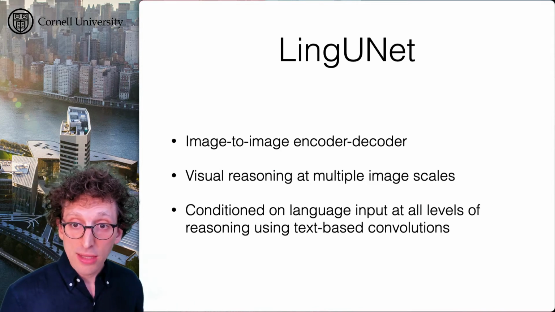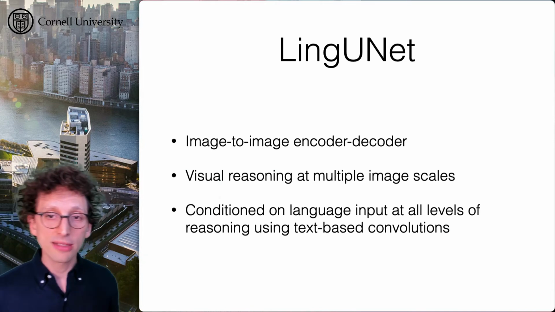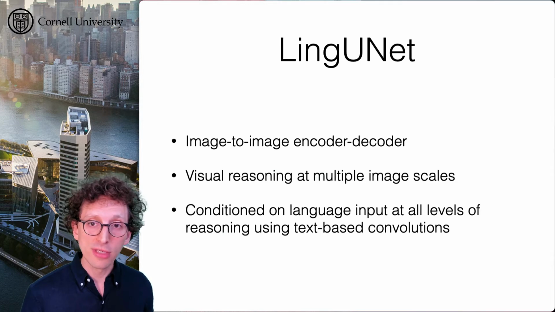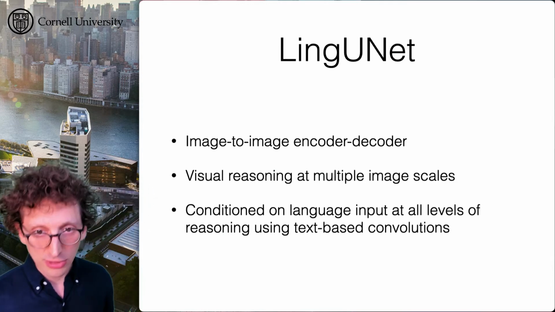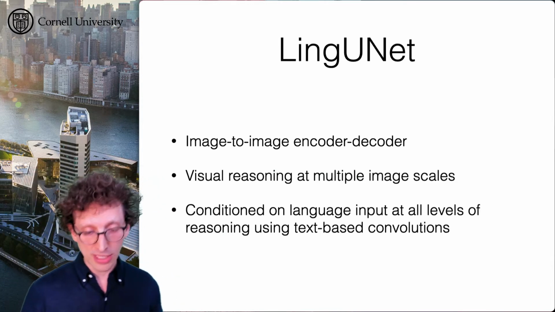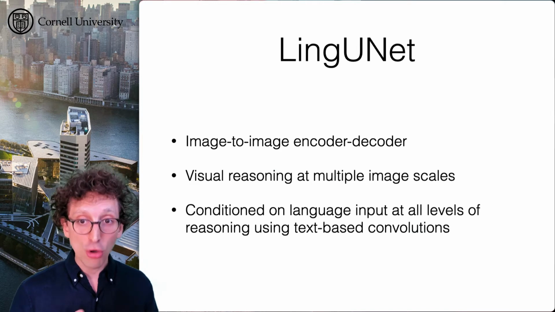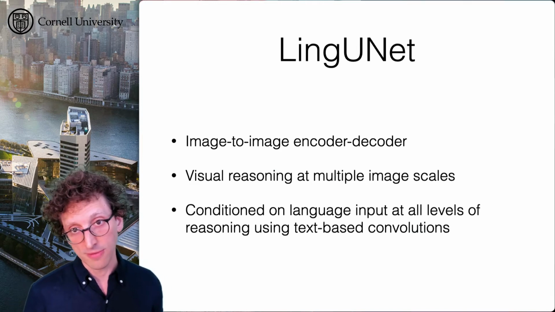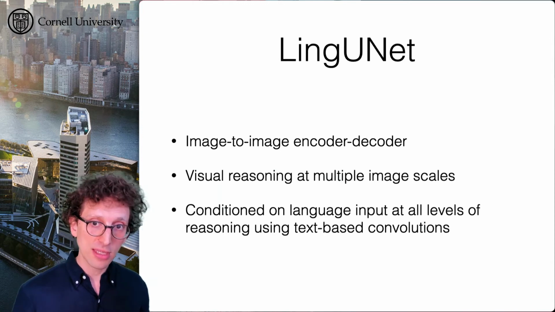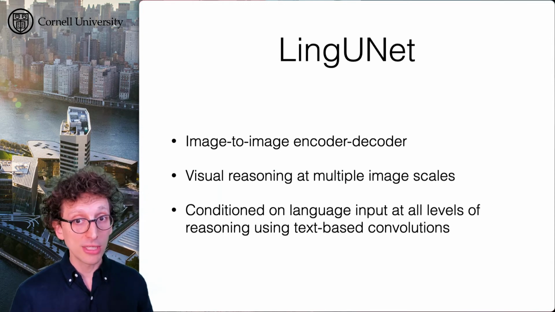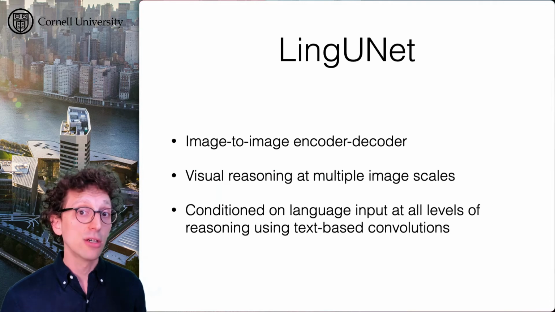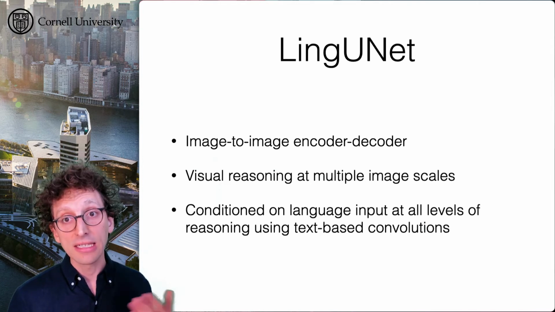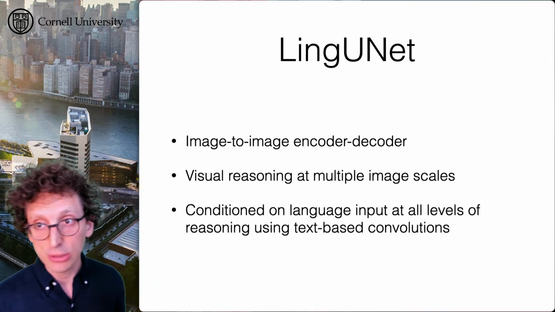LingoNet is based on the UNet architecture, but is modified in order to be language conditioned, and it allows visual reasoning at multiple image scales that are conditioned on the language at all levels of reasoning using text-based convolution. And if you remember, in the previous part we discussed how we can apply LingoNet to the SDR task, to do spatial description resolution, where it currently provides the state-of-the-art results.